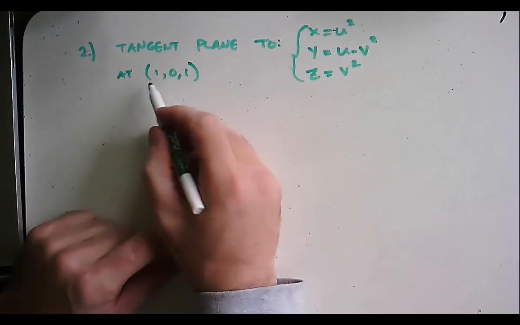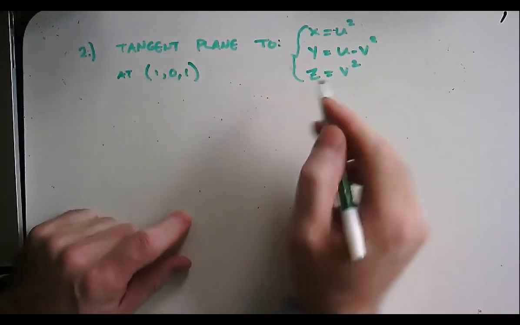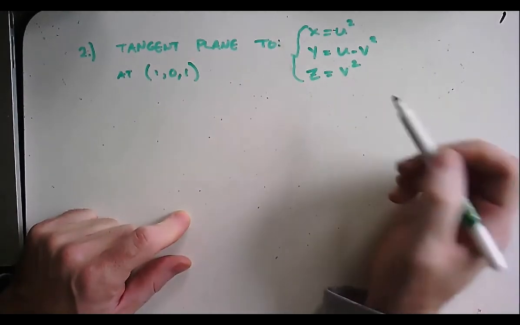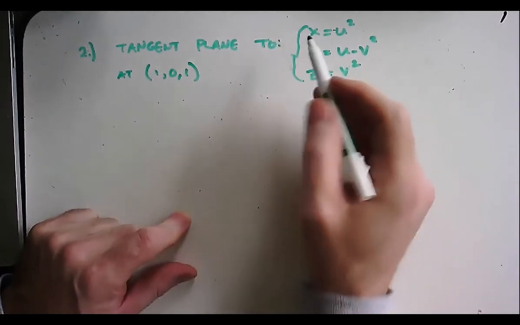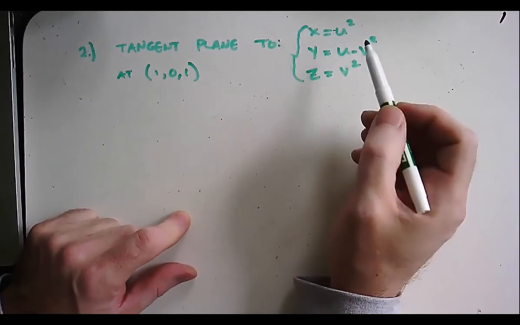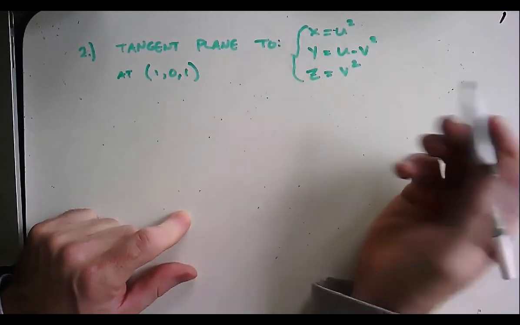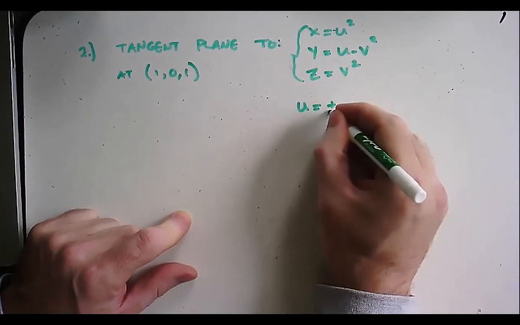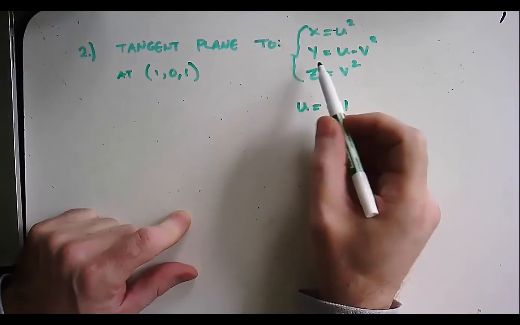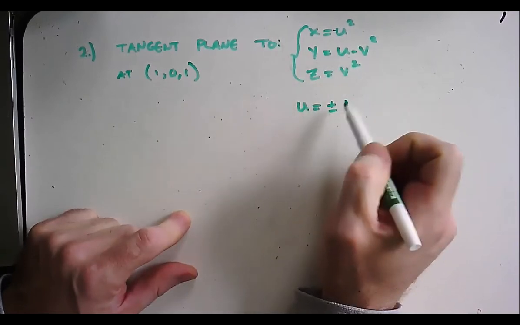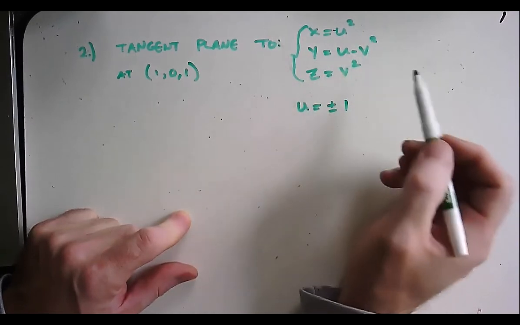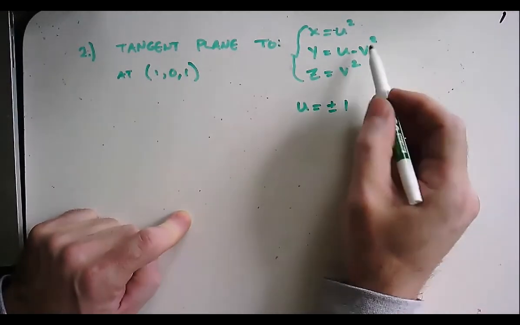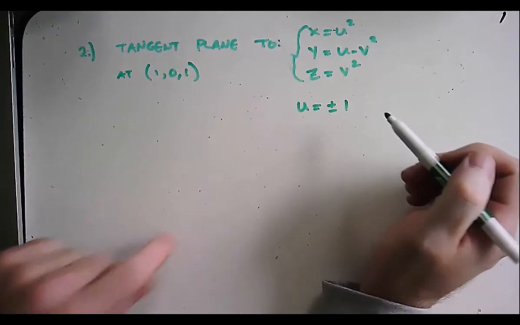So let's start by taking this ordered triple (1, 0, 1) and solving for u and v, like what u and v values correspond to that. If we want x to equal u squared, so we want 1 to equal u squared, that would mean that u could either be +1 or -1. And if u is +1, and we subtract v squared to get 0, well then v squared must equal 1, so v is either 1 or -1.